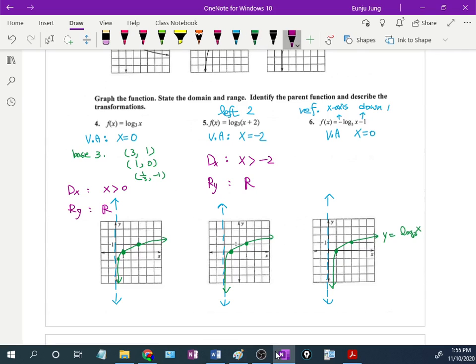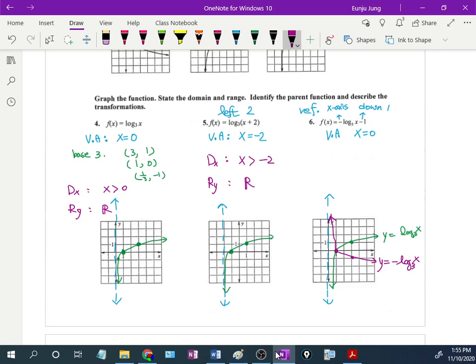Let me use purple color to flip it. Can we flip this upside down? Reflect this drawing over the x-axis? Yeah, let's try. So this point, when you flip, stays the same, right? The above point goes below. So I need to have this drawing, okay. So this will be y equals negative log of x with base 3.